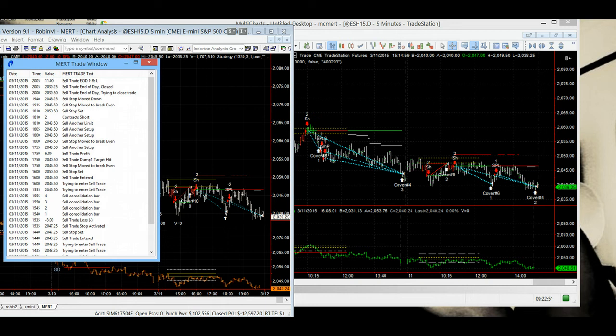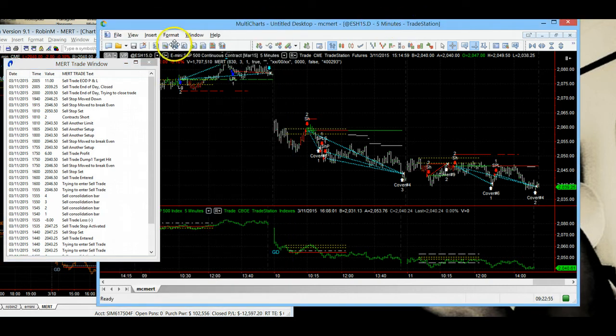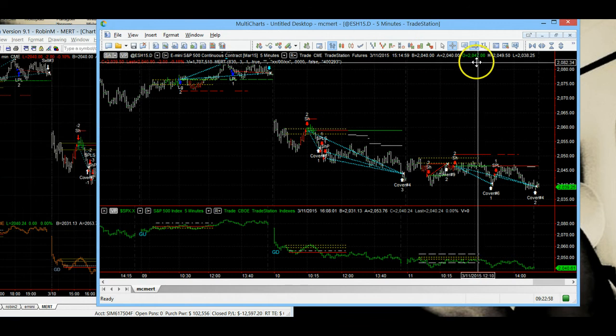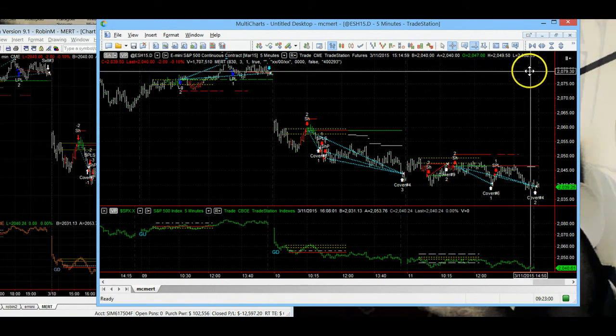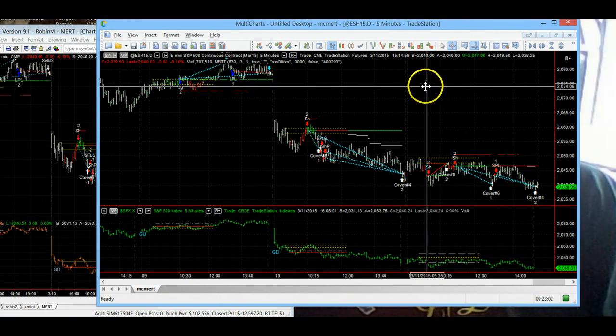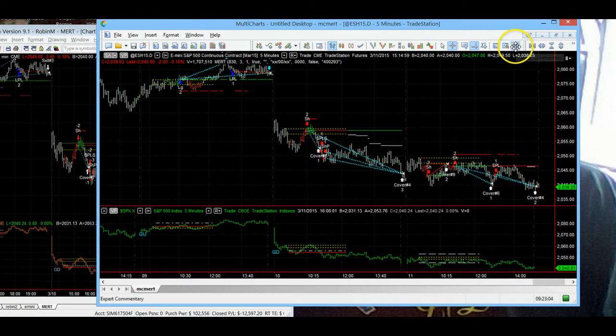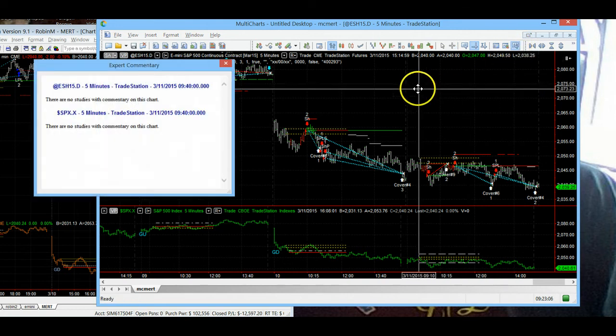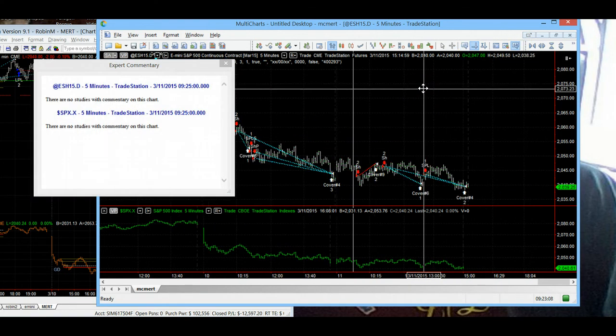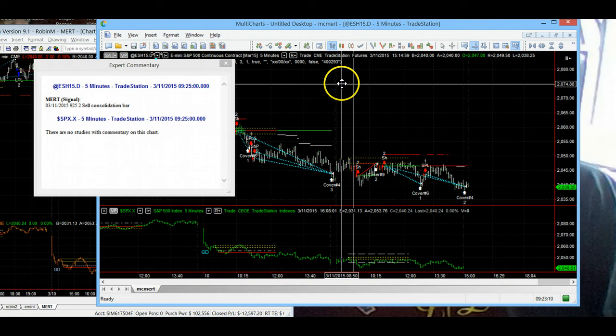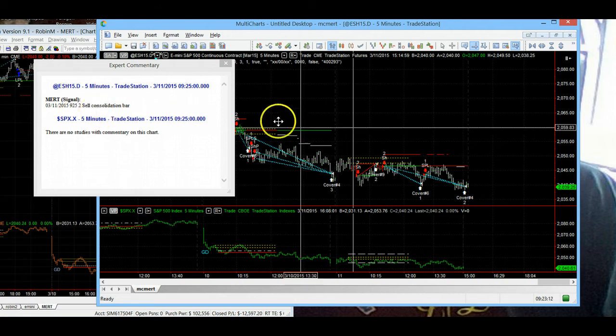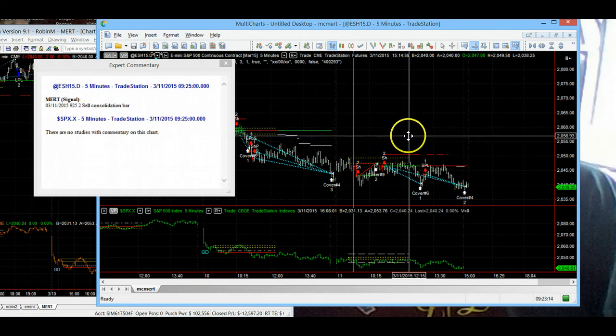And the way the messages are done in multi-charts is what's called expert commentary. So if you want to see what's going on a particular bar, you just press this expert commentary button, and then you press on the bar, and it will tell you what's going on that particular bar.